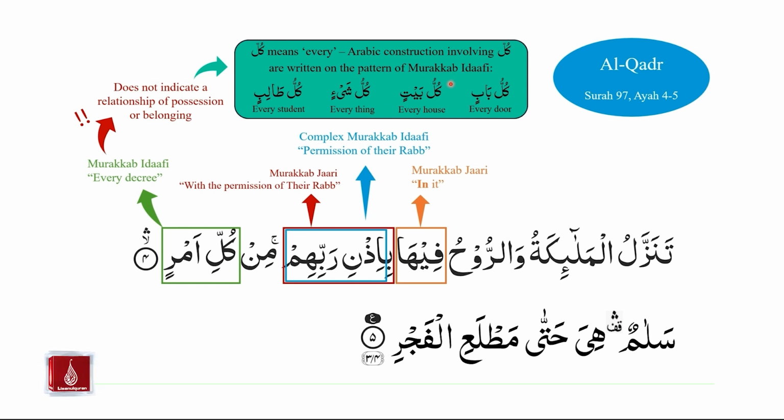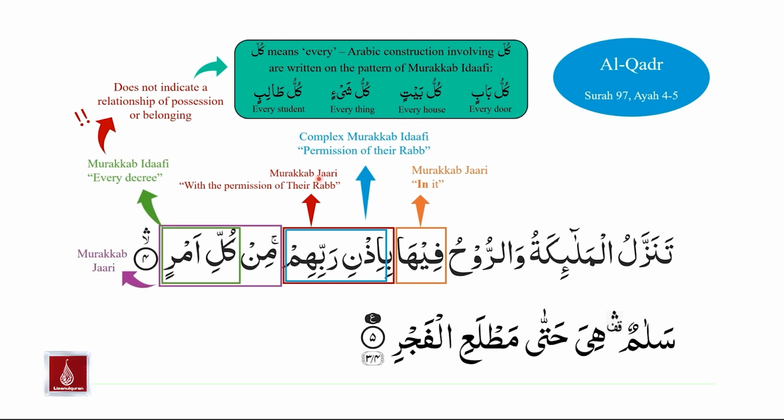In each of these examples, we see the common factor, which is kullu. But in each case, it is written on the same pattern as we would write murakkab izafi. Kullu does not have al, does not have tanween. It is written on the same pattern as we would write mudaf. And babin is majroor. It is written on the same pattern as we would write mudaf ilayh.